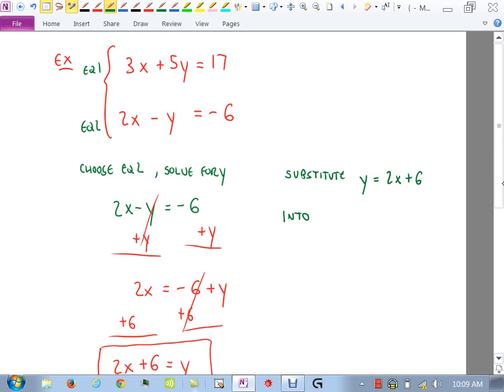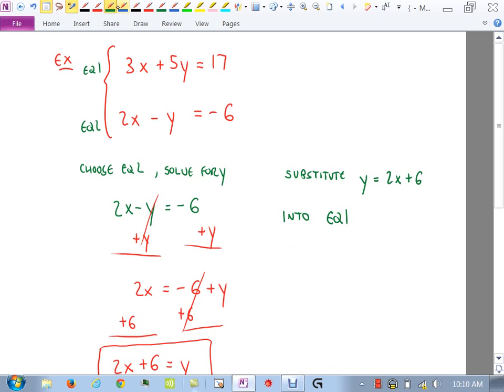You used the second equation to get y. You substitute it back into then the equation 1. If you accidentally substitute y equals 2x plus 6 back into the equation it came from, you're going to get everything to cancel. And at some point, you'll get something like 0 equals 0 or a number equals a number. So it just takes you in a big circle and you're kind of stuck. So make sure you go substitute back into the equation you didn't use.